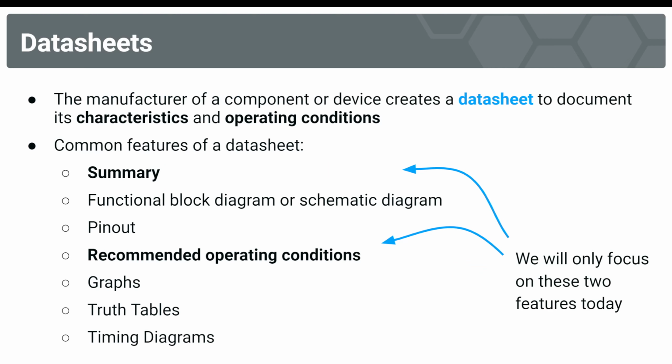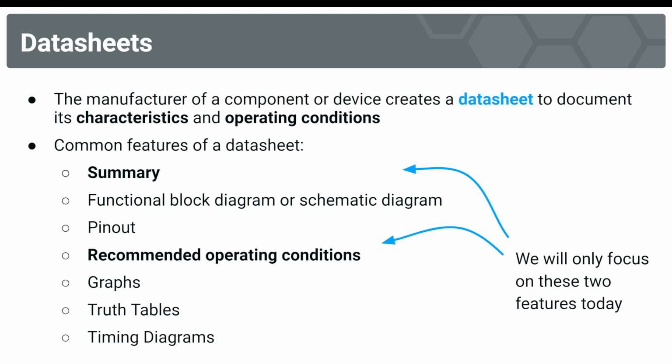The manufacturer of a component or device creates a data sheet to document its characteristics and operating conditions. So common features of the data sheet will be some kind of summary to describe what the component is and what its basic function is. It might have a functional block diagram or schematic diagram. It might have a pinout diagram, a recommended set of operating conditions, graphs, truth tables, or timing diagrams.